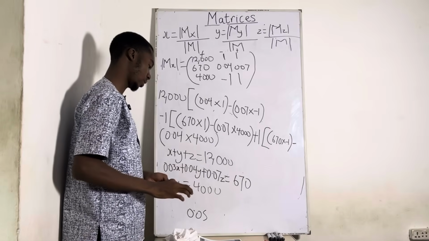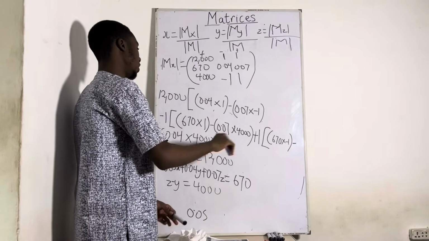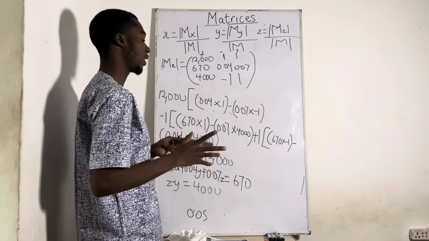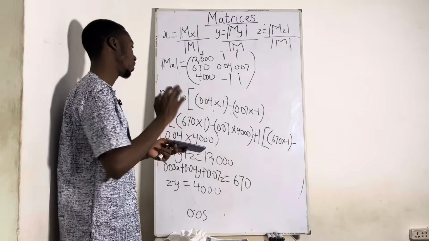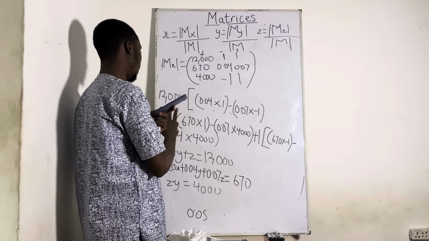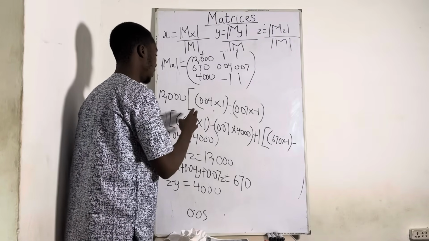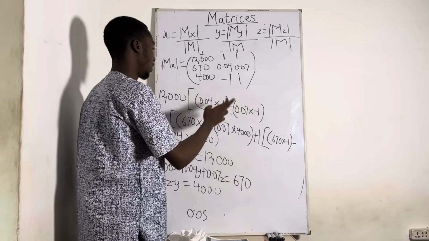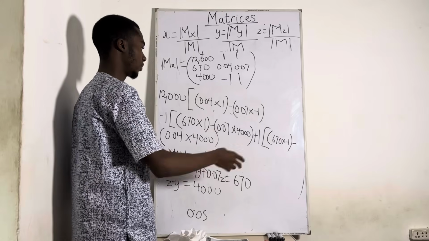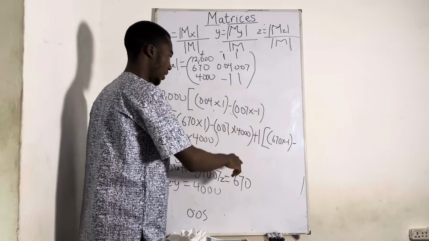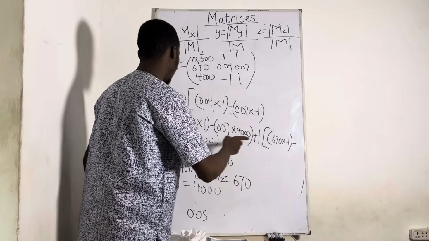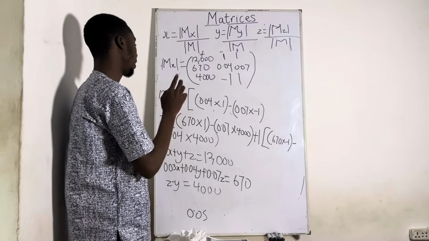All right. So we can just punch all this on the calculator. You can do it step by step, but you can just decide to punch it all on the calculator. But if you are not sure of how to punch everything on the calculator, you can just do it step by step. But you should be getting negative 1. Then you open the big bracket, then into brackets 670 times 1, then close brackets, minus into brackets 0.07 times 4,000, then close brackets, plus 1, then you open a big bracket, then into brackets 670 times negative 1, then close the brackets, minus into brackets 0.04 times 4,000.